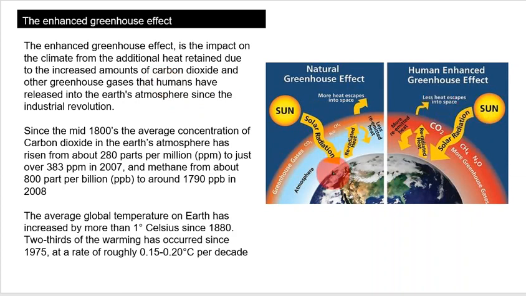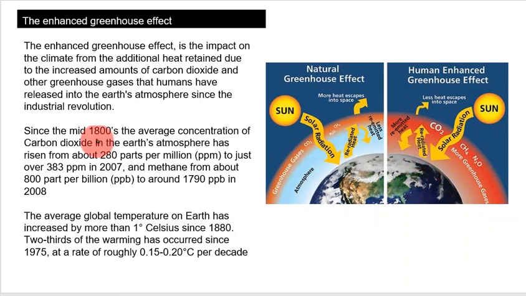So instead of a lot of the heat being able to escape out into space, it gets reflected back down into the Earth, and it starts to increase the overall global temperature, and less of that heat is able to escape out into space. As a result, it starts to increase temperatures on the Earth.